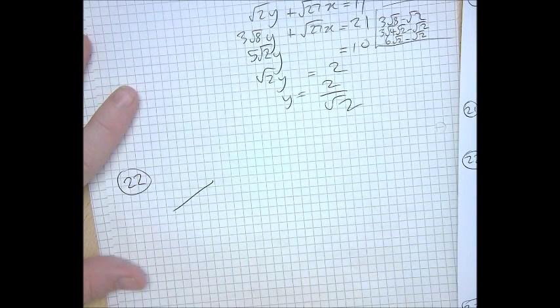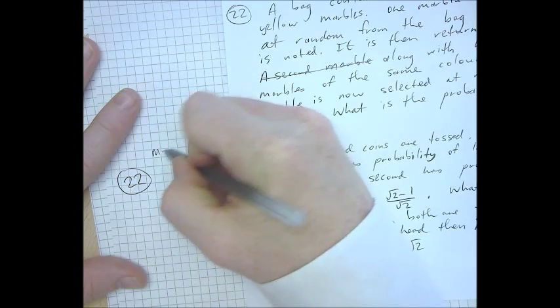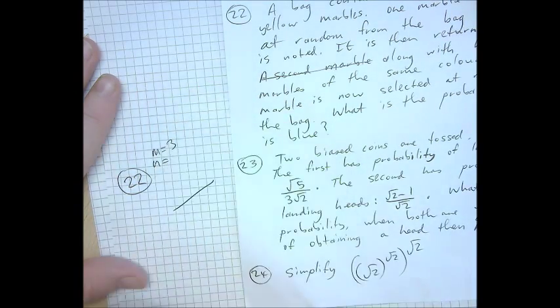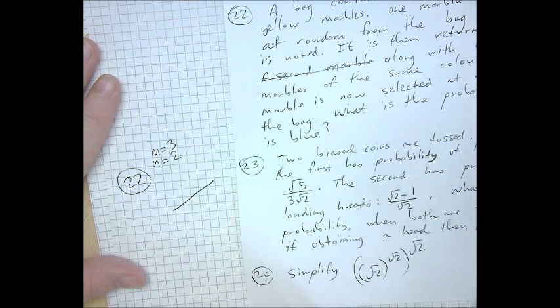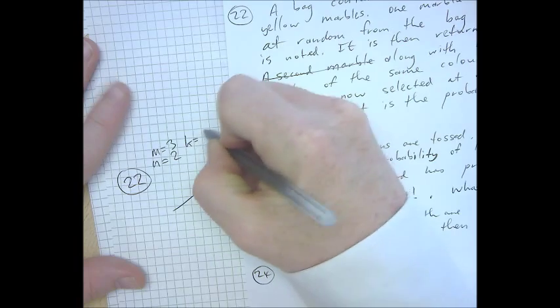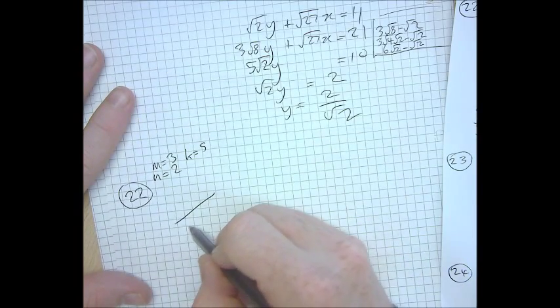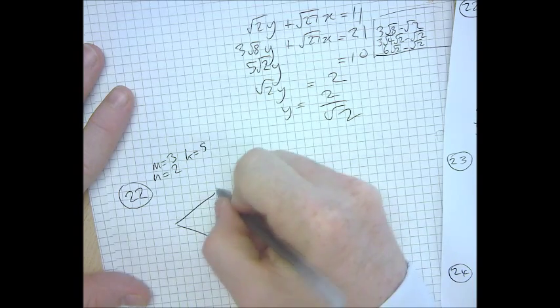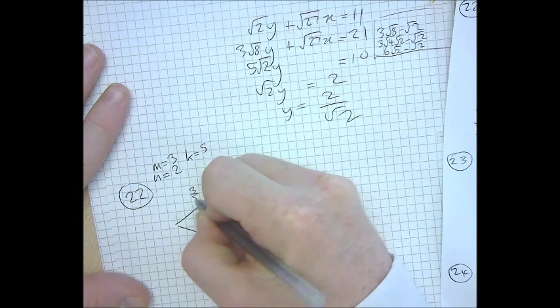And let's pretend there's M blue, let's go M blue, N is yellow, let's say that's just 2, and K is 5. Okay, so step 1 is just blue and yellow. So 3 out of 5, 2 out of 5.